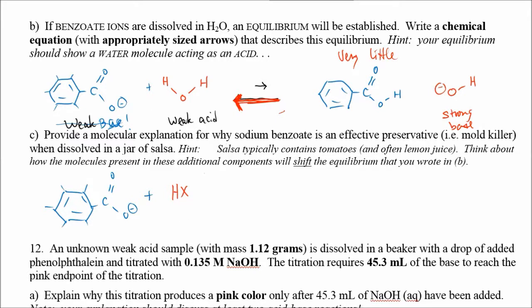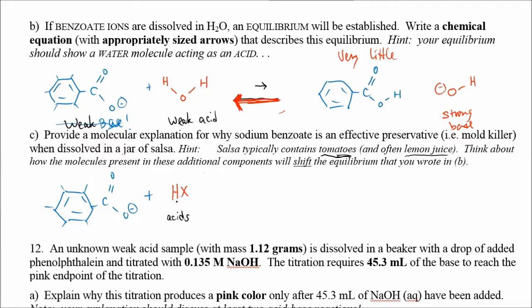The tomatoes have weak acids in them. That's why they taste tart, sour, tangy. Lemon juice has citric acid as well as other acids in it. This is what makes it sour. So these are acids that are in the food, represented as HX. Doesn't matter what they are.